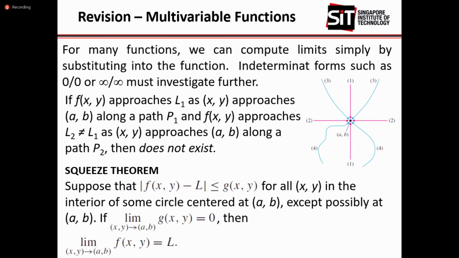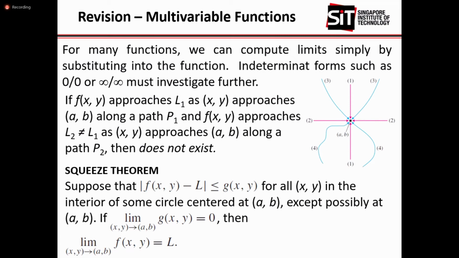We may, however, encounter indeterminate forms such as 0 over 0 or infinity over infinity. When these forms occurred in a single variable function, we could solve them by, for example, L'Hopital's rule. L'Hopital's rule cannot be applied to multivariable functions.